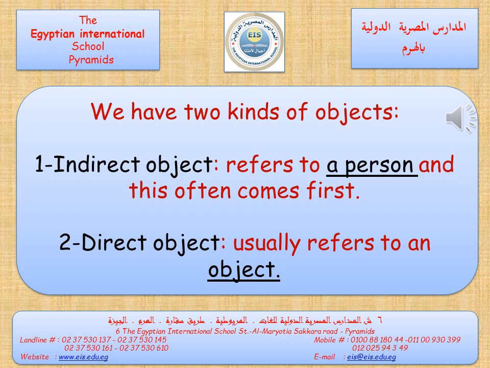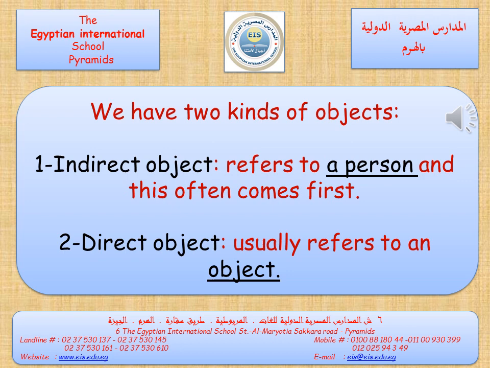Now let's talk about the other kind of object, which is direct object. Direct object usually refers to an object or a thing.